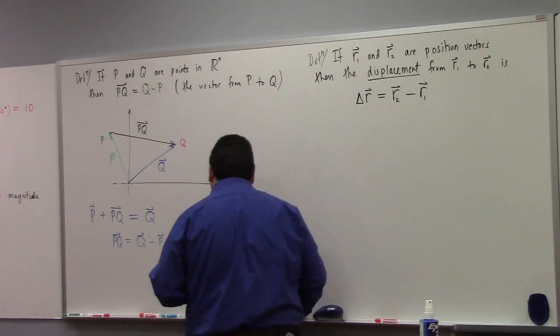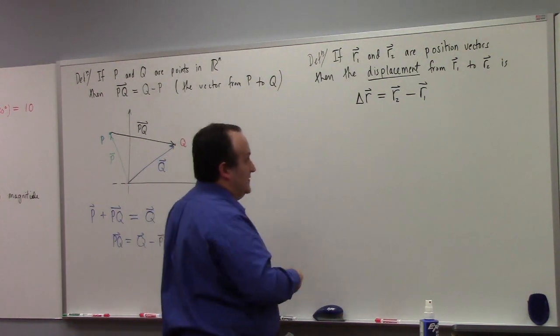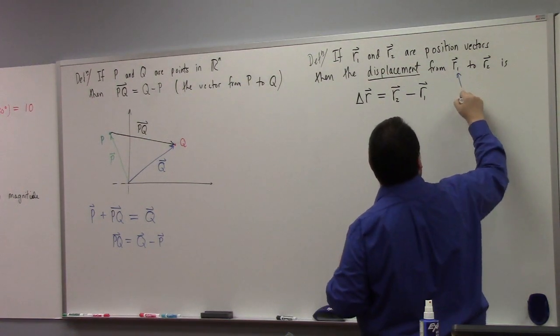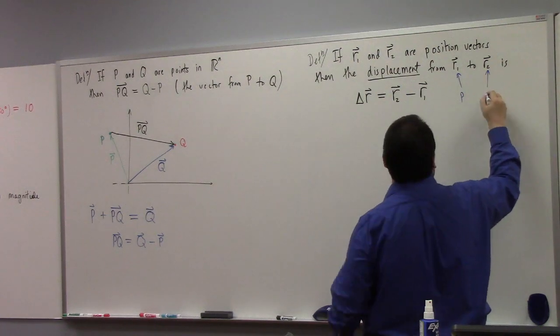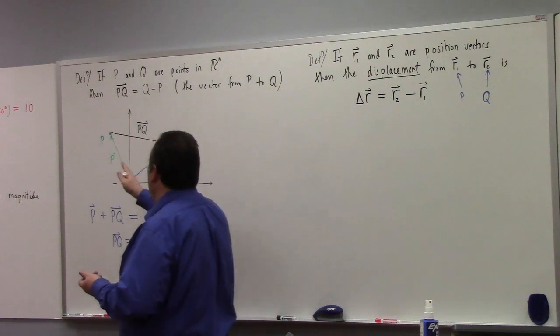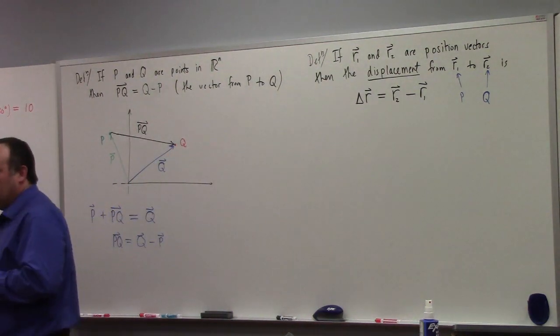So in terms of making a connection between these two discussions, you can think of R1 being like the P, and R2 is kind of like the Q there, right? And PQ is the displacement from the point P to the point Q.